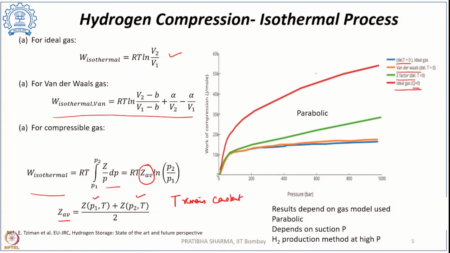So, for an ideal gas, considering it to be an isoentropic process, we are getting the highest amount of work of compression.